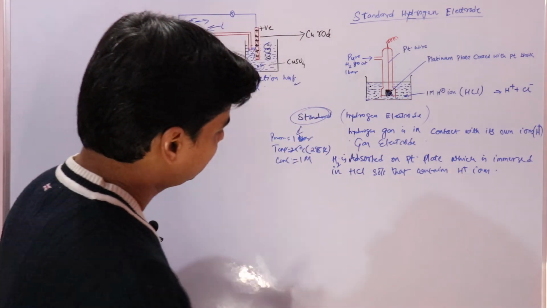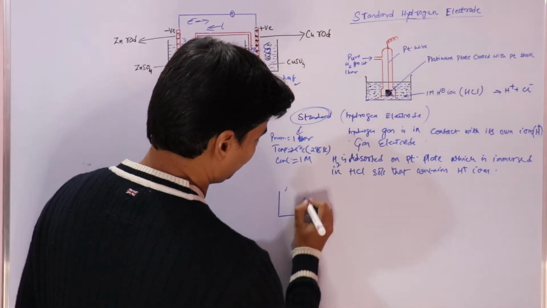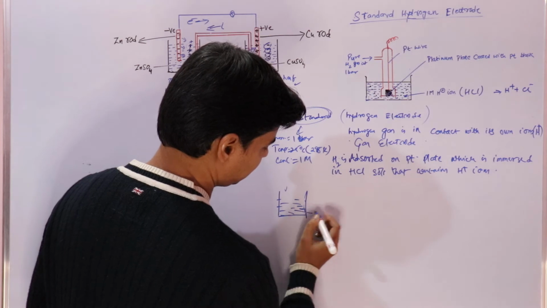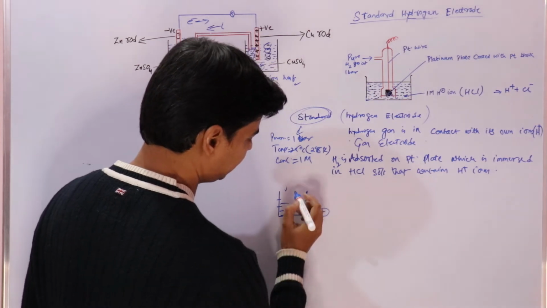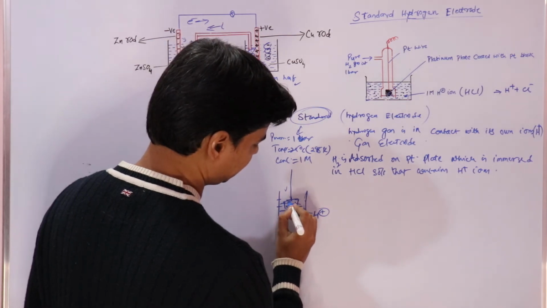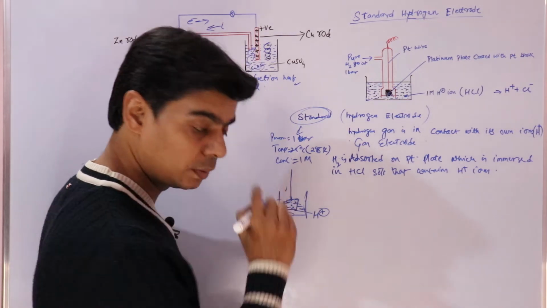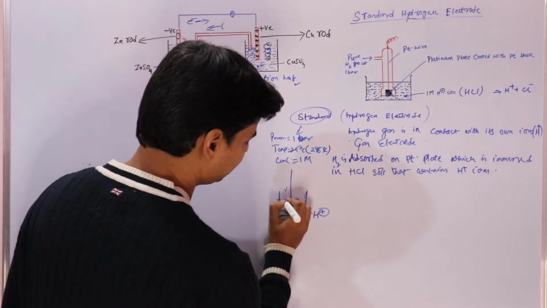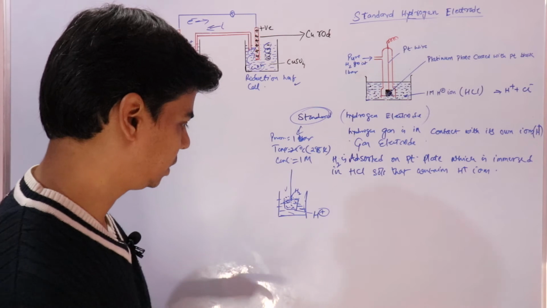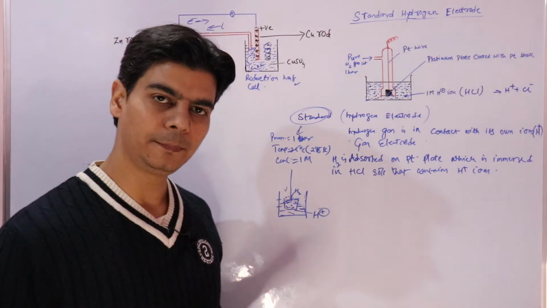Now the other thing is, we have hydrogen ions in the solution, and this is the platinum plate coated with platinum black and has hydrogen gas adsorbed on it. So here two things can happen.